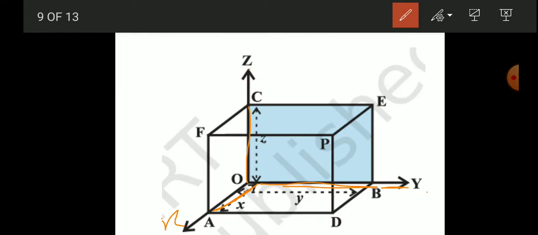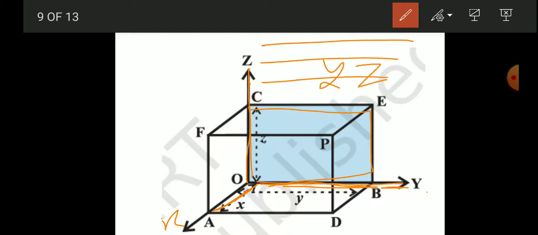So this is the y-axis and this is the z-axis. If you consider this plane, shaded in blue, it is known as yz. Okay, yz. So if we shade the whole of it, this is nothing but the yz plane.